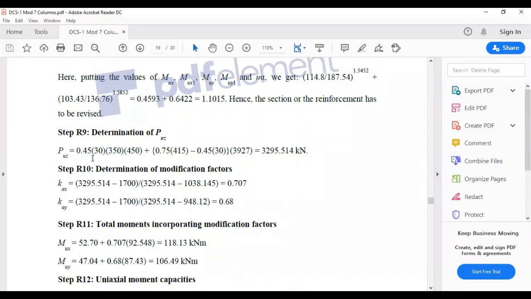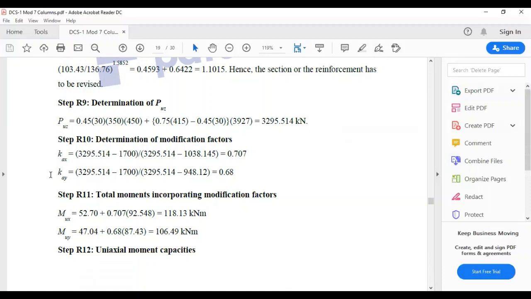Now step 10, that is revision of step 10, is determination of modification factors. So KAX is given by this formula, 3295.514 minus 1700 upon 3295.514 minus 1038.145, and the value comes out to be 0.707. Similarly, KAY, using this value of PUZ, comes out to be 0.68.